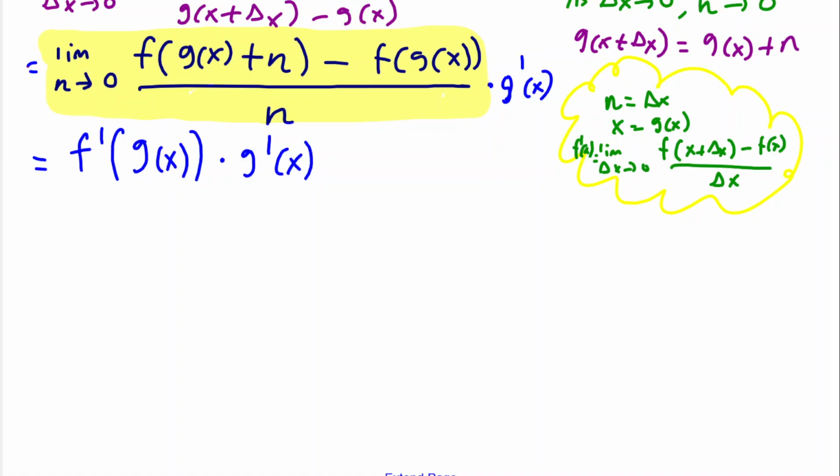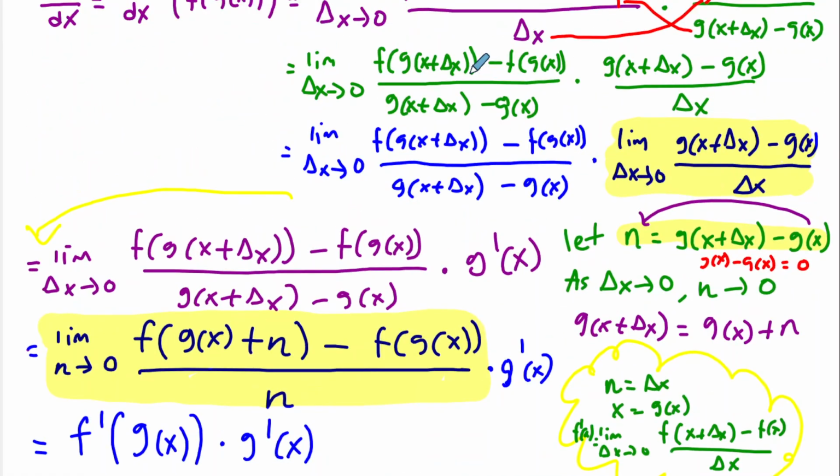But hopefully this makes sense, right? So this fits the form of the limit definition of the derivative. So I'm able to deduce that this limit right here would equal f prime of g of x. And then, of course, we can't forget this g prime of x, which we already got by evaluating this limit right here.